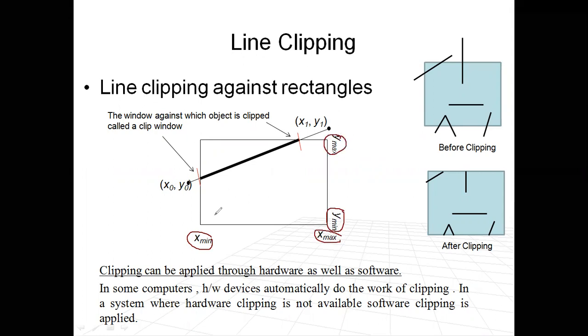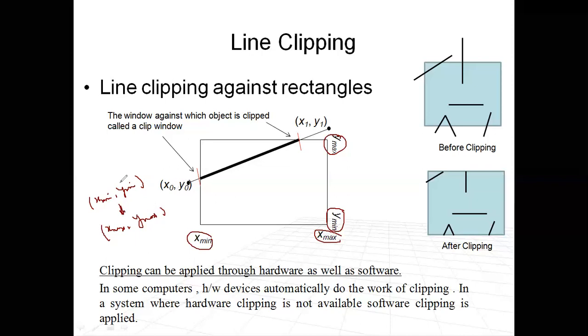So we are ranging this clipping area, our viewport, from x min, y min to x max and y max. So this is the region within which our viewport will lie.